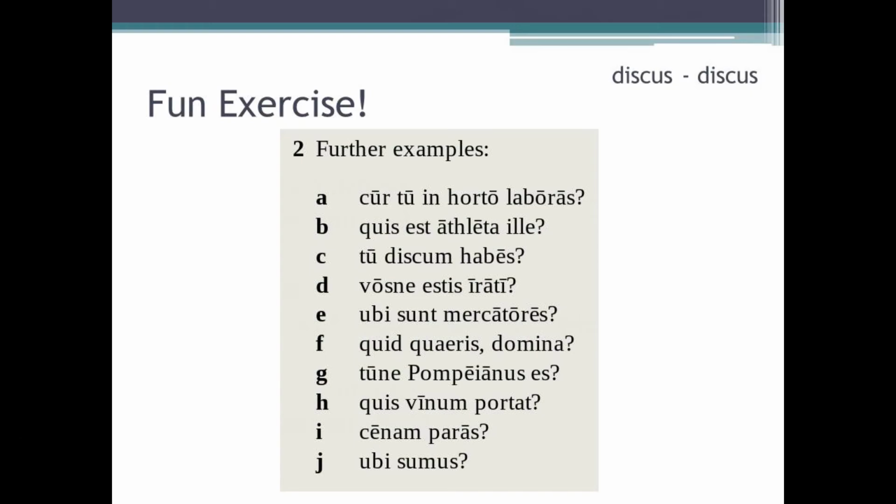Are you preparing dinner? Or do you prepare dinner? J. Ubi sumus? Where are we? So give yourself a score out of 10. If you scored above 7, consider that an excellent mark.